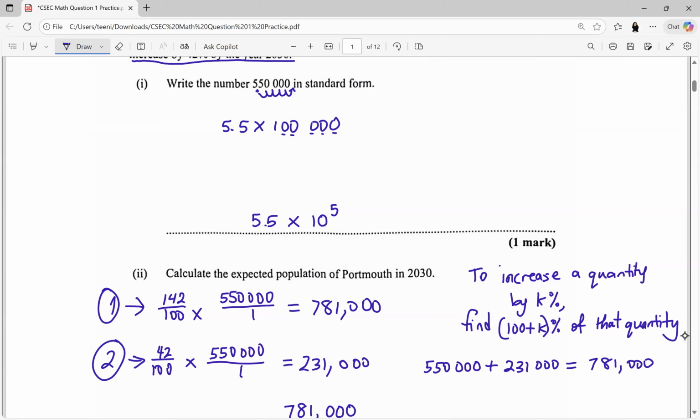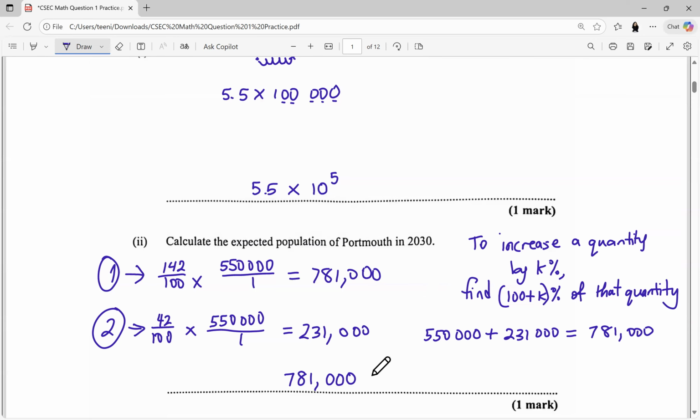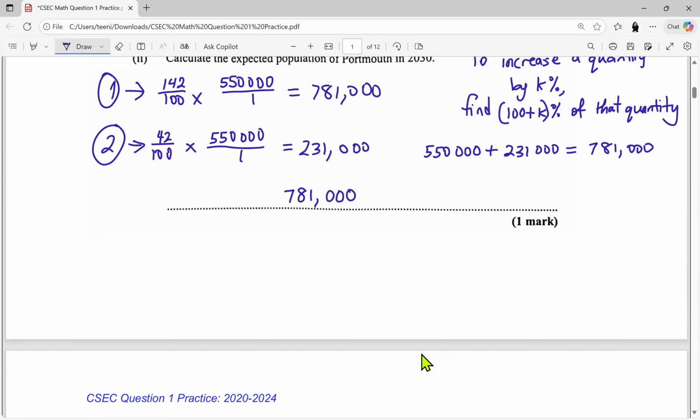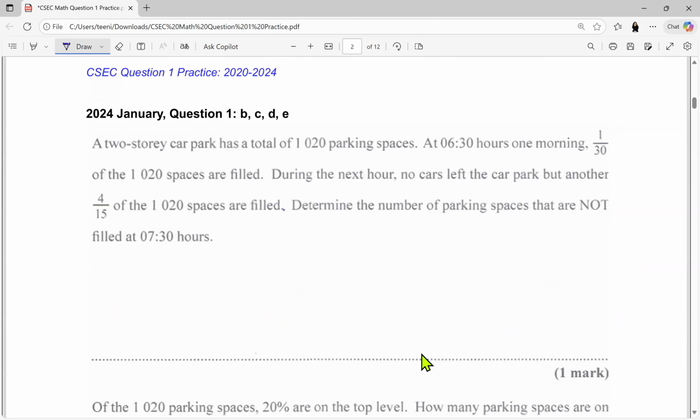So I'll have to find 58% of 550,000, or alternatively, I'll find 42% of 550,000 and subtract that from the original amount. So there are two ways to do it, either that first way or that second way.